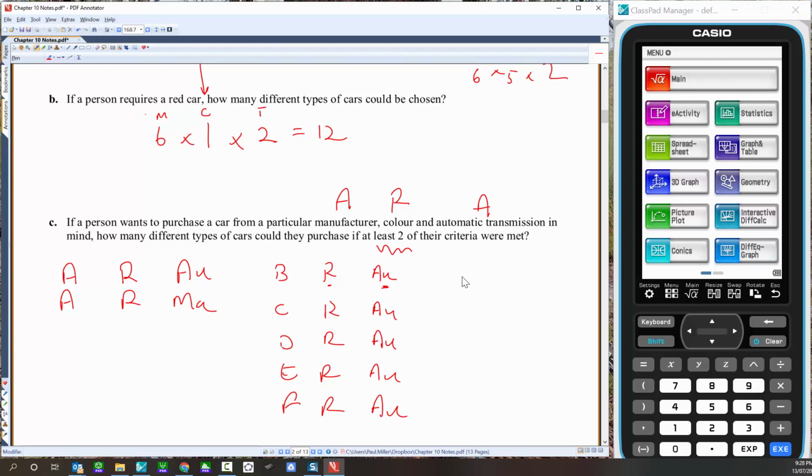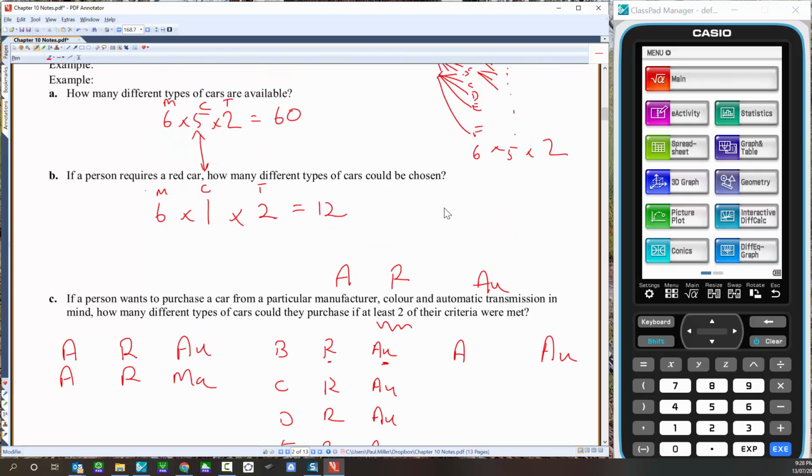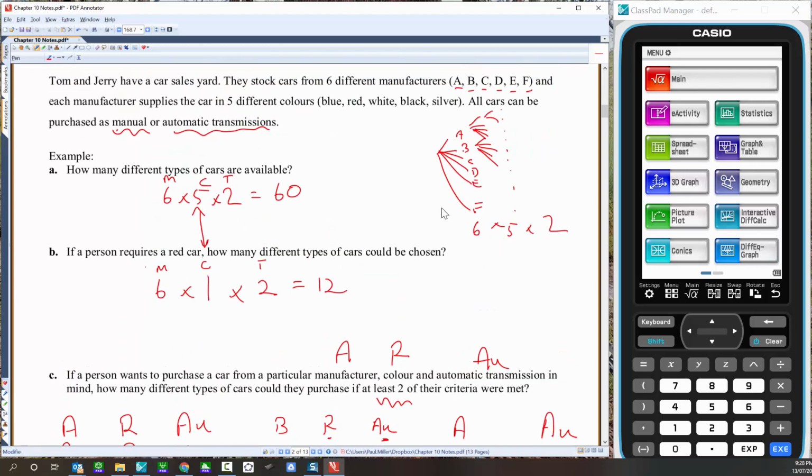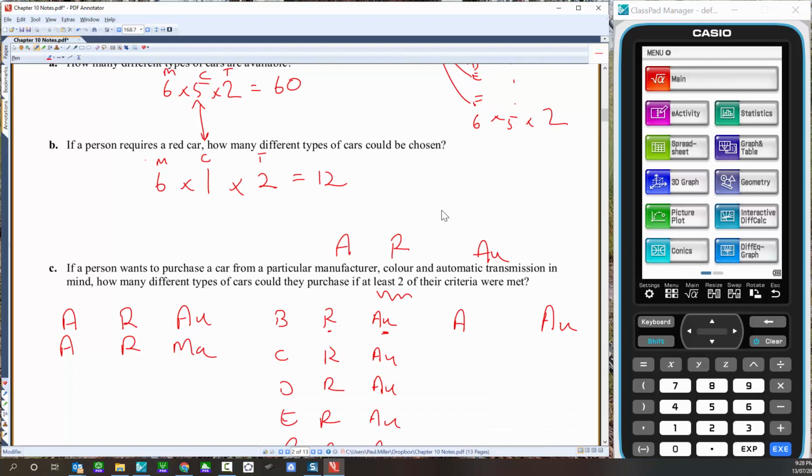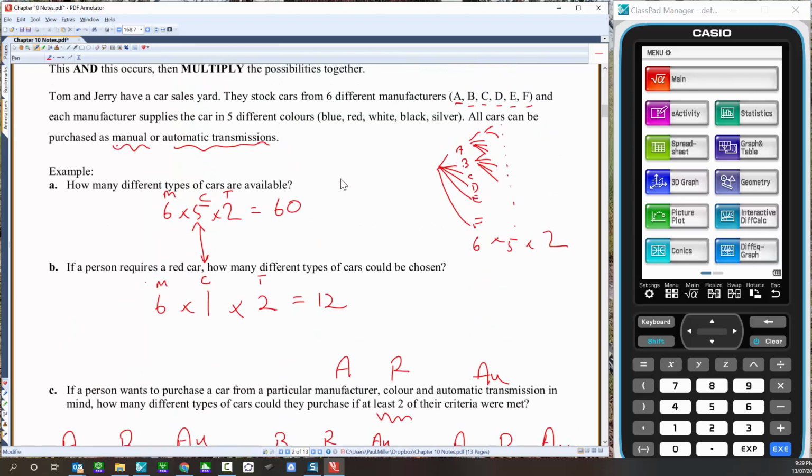All right, now the last one that we'll consider is that the color doesn't matter. So we'll say that car manufacturer A and an auto, and we're going to say that that would be the other colors. I forgot what the other colors are. Blue. Okay, so we could have A, blue, and auto. Now again, that meets 2 of the requirements. We could have, sorry, I forgot the colors of the cars here.